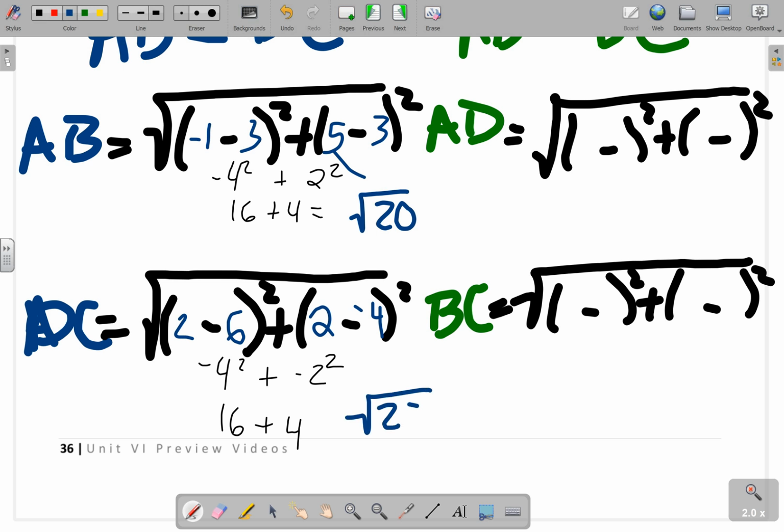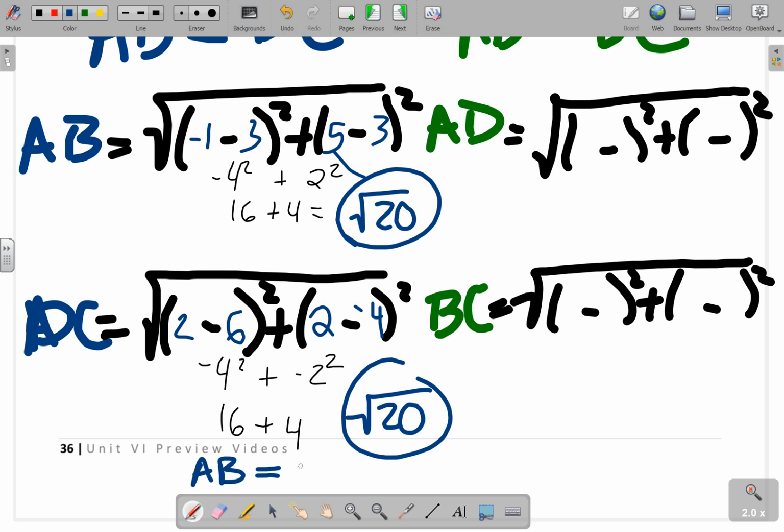And DC is also root 20. So we just proved mathematically, there's your math, and the meaning of your math is that AB is the same distance as DC. Or I could say the segments are congruent, which is exactly what we're ultimately going for.